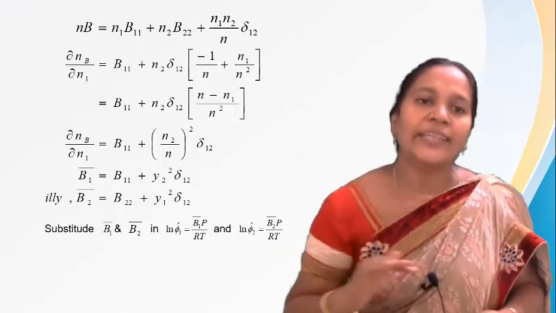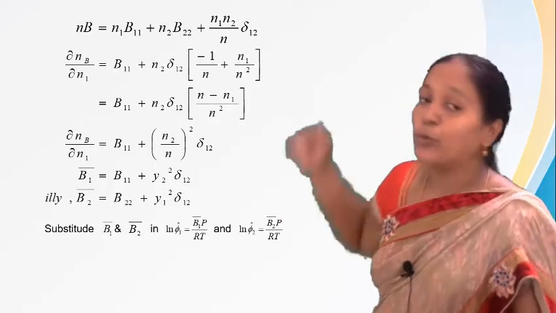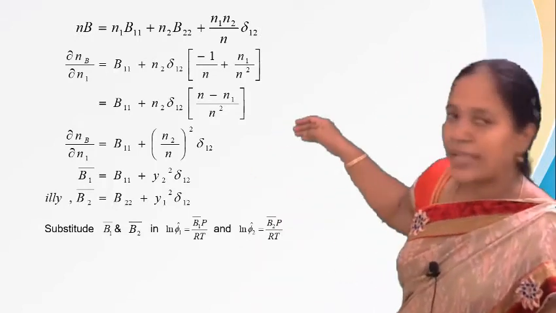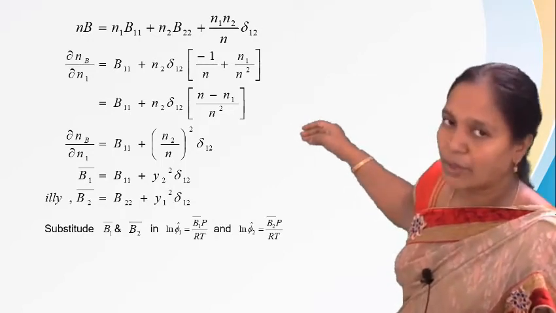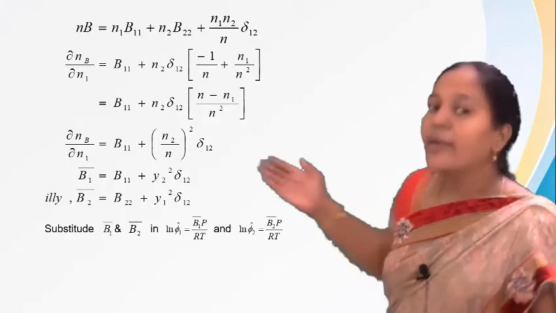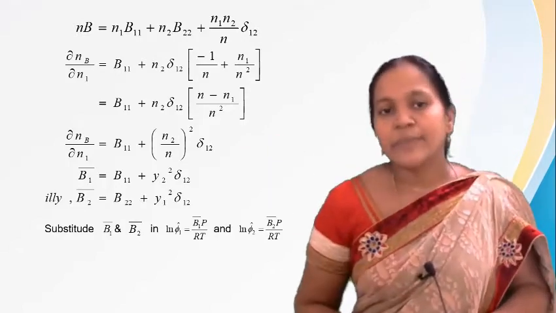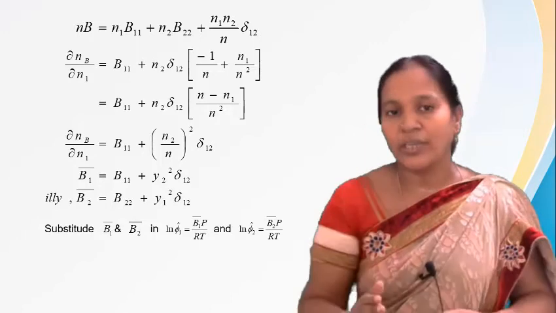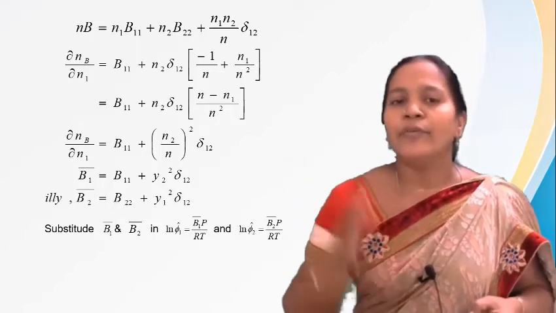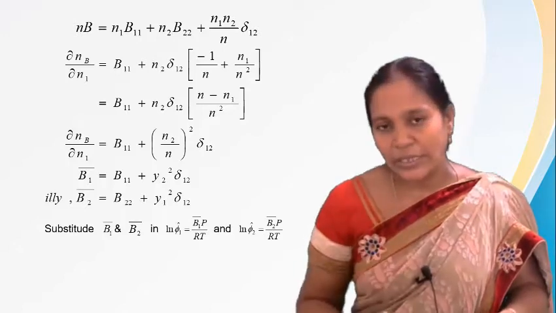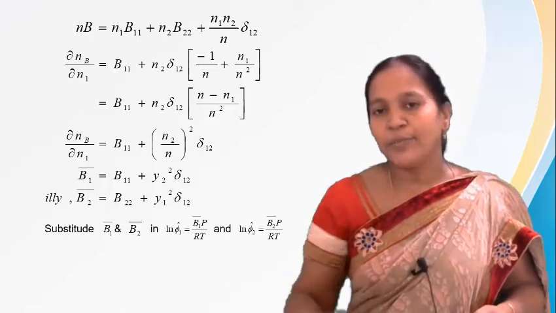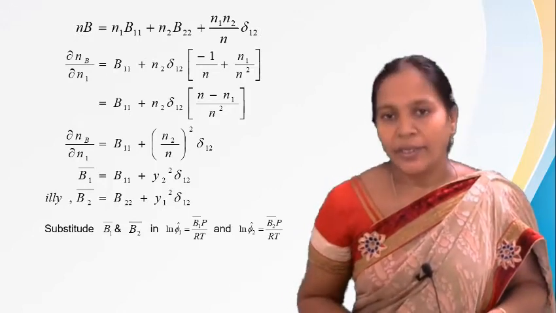Then we will get the expression for B2 bar. Here B1 bar is equal to B11 plus y2 square delta 12. B2 bar is equal to B22 plus y1 square delta 12. Substitute B1 bar and B2 bar terms in ln phi 1 cap and ln phi 2 cap. Then we will get ln phi 1 cap is equal to B1 bar P by RT, ln phi 2 cap is equal to B2 bar P by RT.